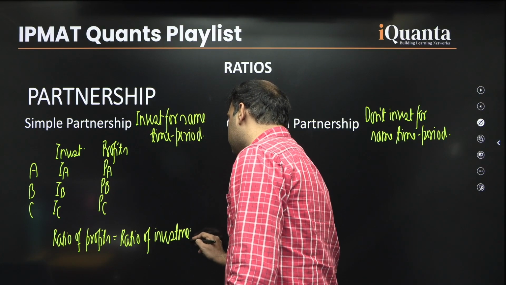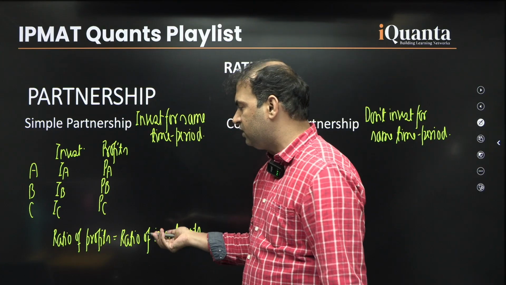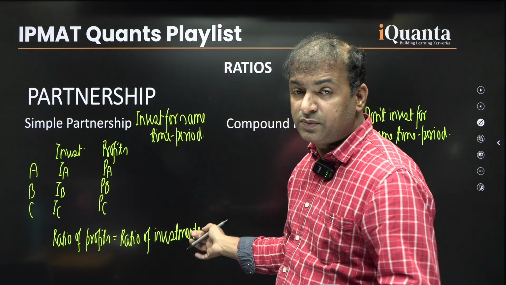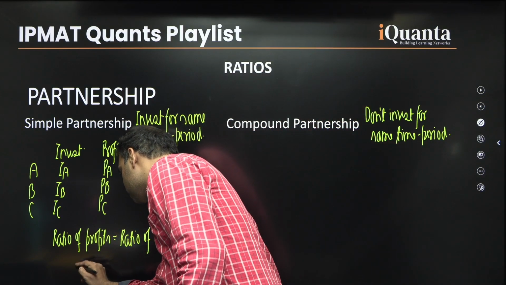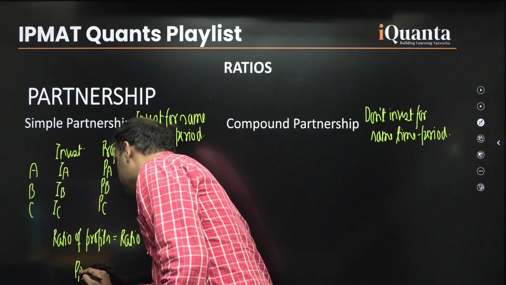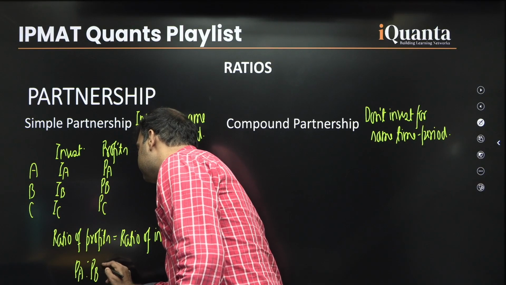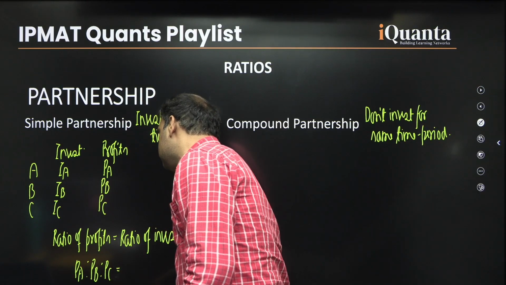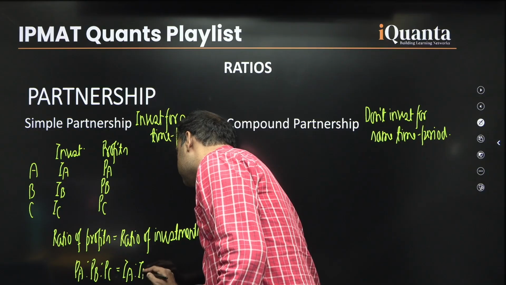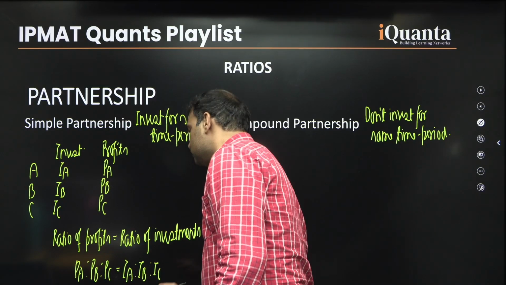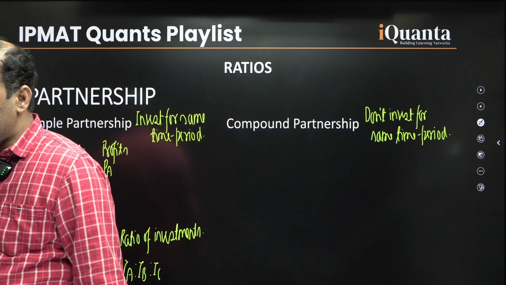The amount of investments they are making, so the ratio of the investment becomes the same as the ratio of the profit as well. That means the profits in this case are PA, PB and PC, so the ratio of the profits, PA is to PB is to PC, must be the ratio of the investments, that means IA is to IB is to IC, right?